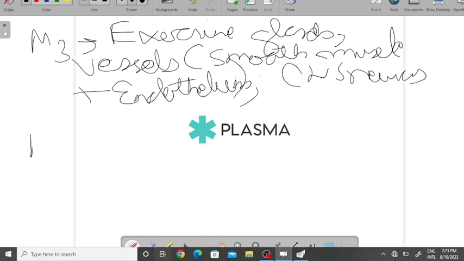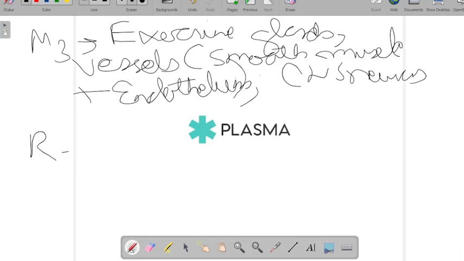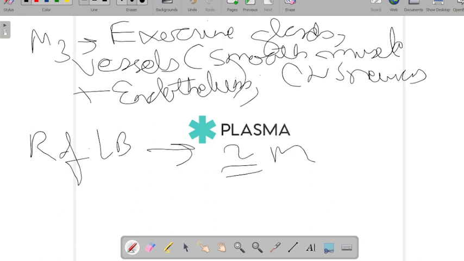So its result of ligand binding is similar to M1 receptor, that is formation of IP3, diacylglycerol, and increased calcium. Okay.